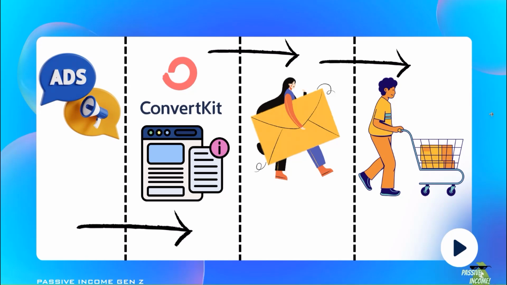You will have a very low conversion rate, and that's very bad. But if you build a relationship, you have a list, you build that particular relationship with them, you have a much higher chance to get those people to actually convert. And of course, if they convert, then you're fine.